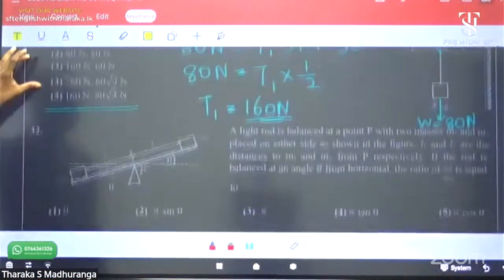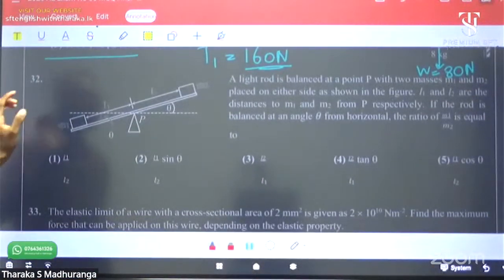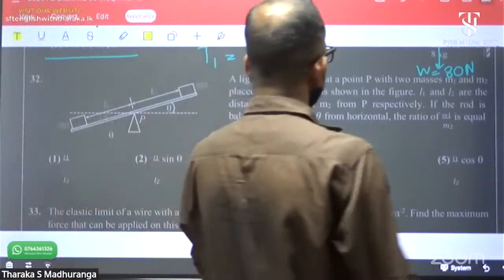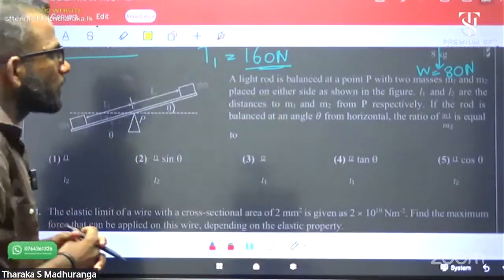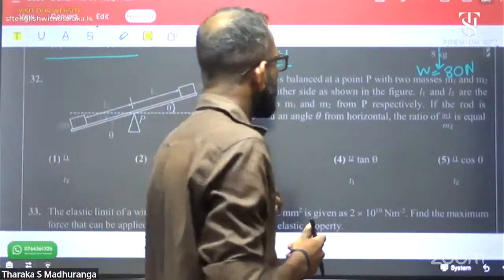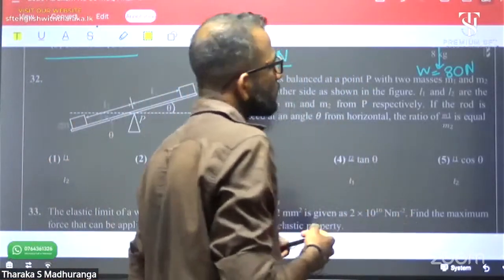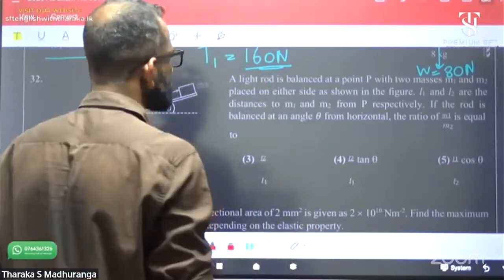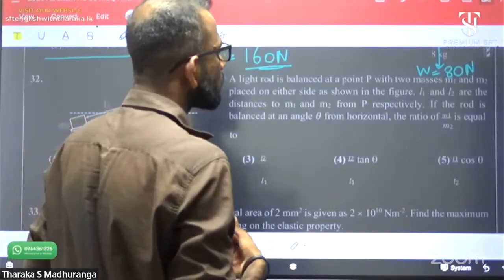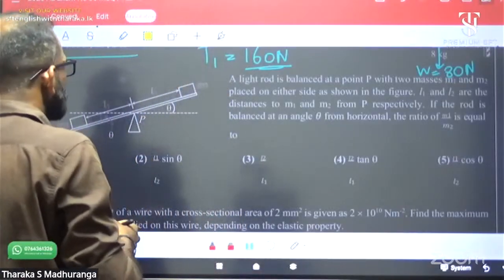Okay, question number 32. Again, a good question. A light rod is balanced at a point P with two masses M1 and M2 placed on either side as shown in the figure. L1 and L2 are the distances to M1 and M2 from point P respectively.